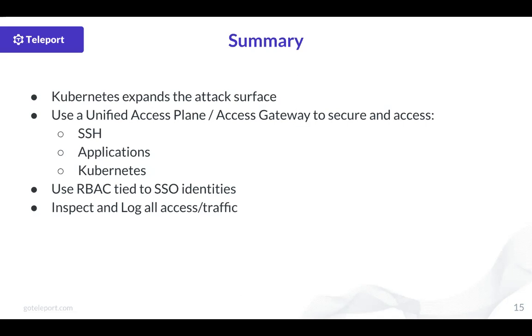Access to all of your different environments, dev, prod, etc., should all be controlled through the same gateway for access and for authentication. And then finally, role-based access control tied to your SSO identities should also be used, and be sure to regularly inspect and audit all access.